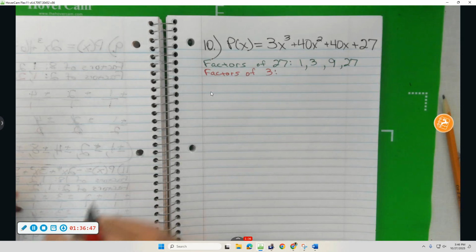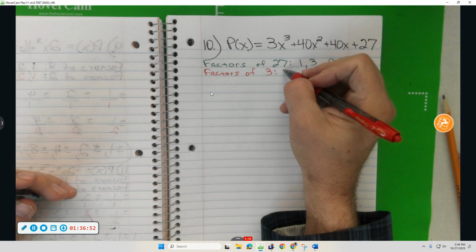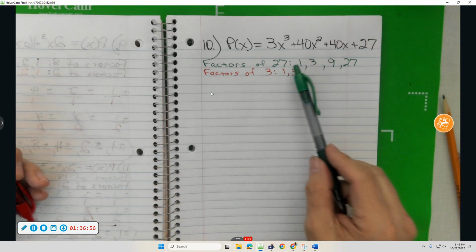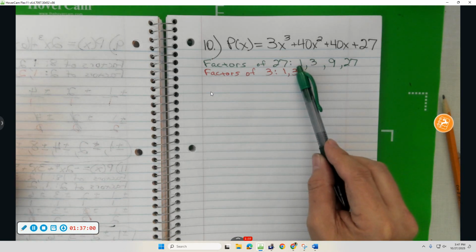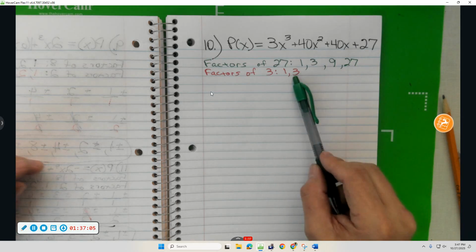What are the factors of 3? 1 and 3. So you take the green numbers and put them all over that red 1. Then you take the green numbers and put them all over that red 3.